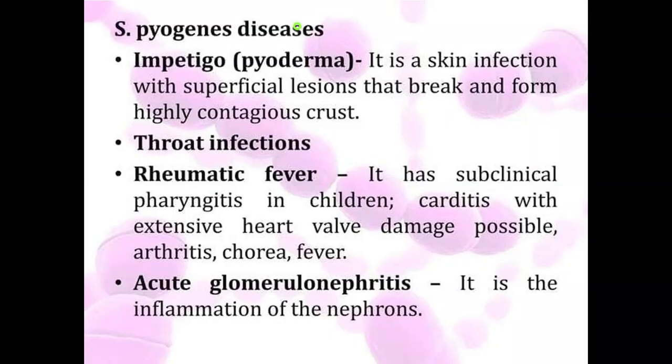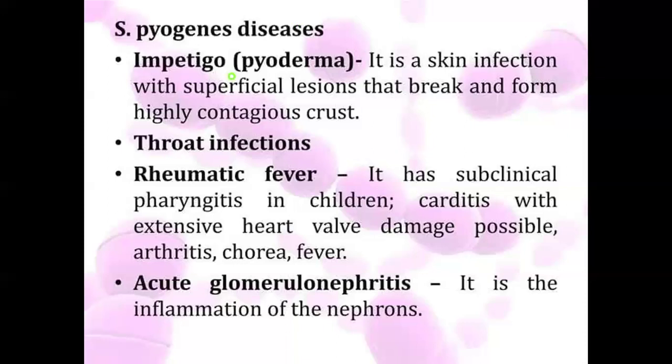Strep pyogenes is producing something known as M protein. The M protein is a toxin produced by strep pyogenes, and its function is just to inhibit phagocytosis.